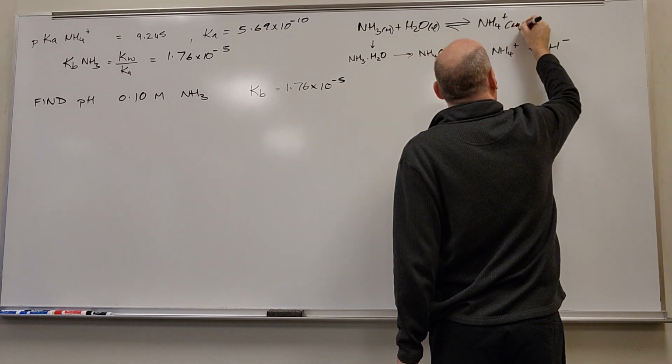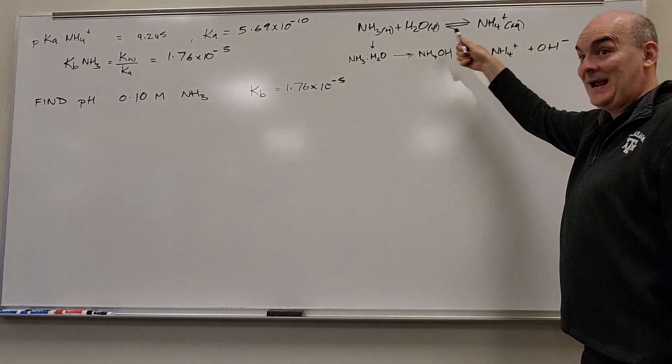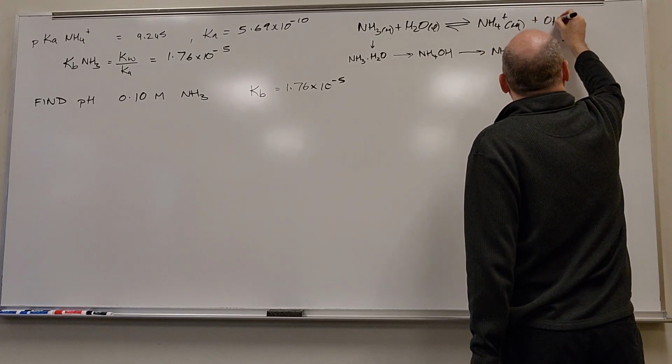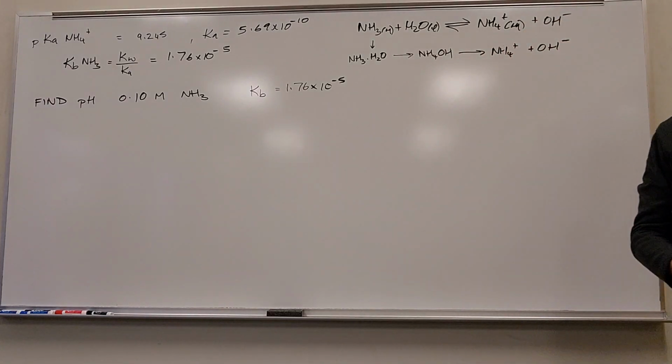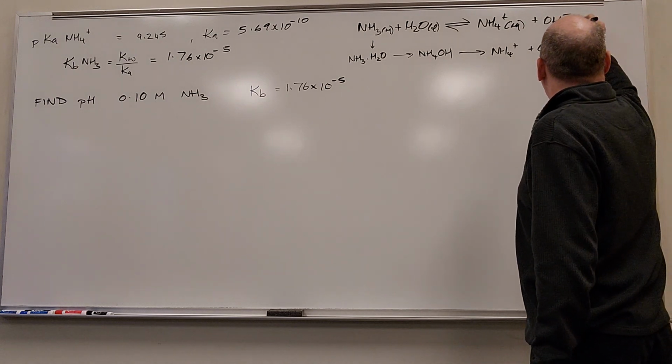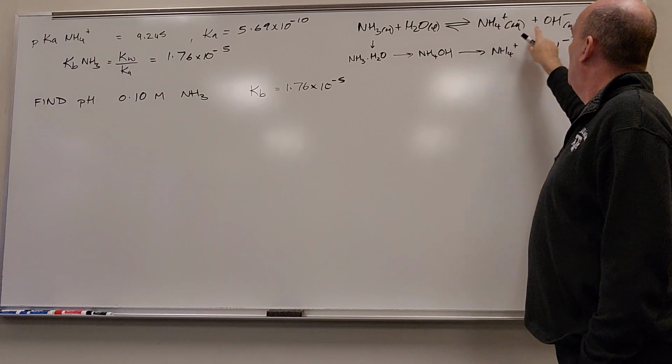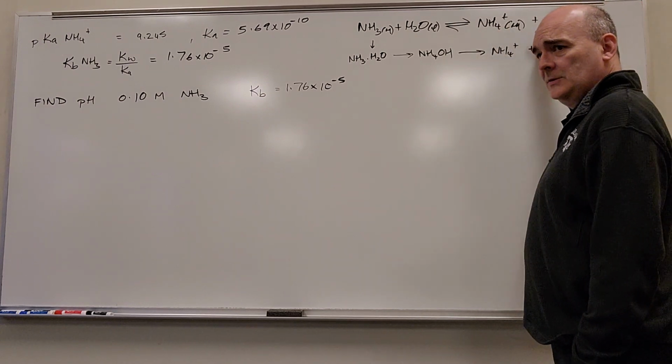Okay, so our original ammonia plus some water, which is a liquid, is in equilibrium with the ammonium ion. That's the conjugate acid of our base, and there it is. There's the hydroxide. Okay, that's the equilibrium that we're going to set up. Are those going to be different numbers?